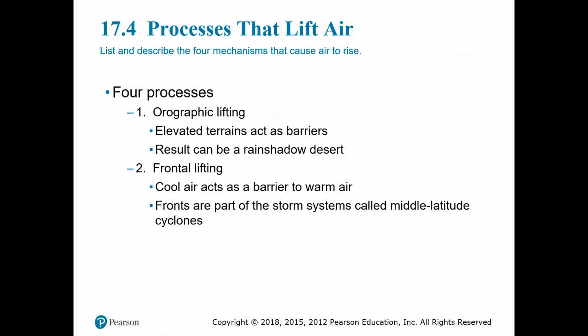Air near the surface tends to stay there. Air aloft, or up higher in the atmosphere, tends to stay there. But there are 4 processes that we can look at that cause air to rise: orographic lifting, frontal lifting, convergence, and localized convective lifting. So we're going to look at orographic lifting first, and then we're going to watch a smart figure video on the other types.